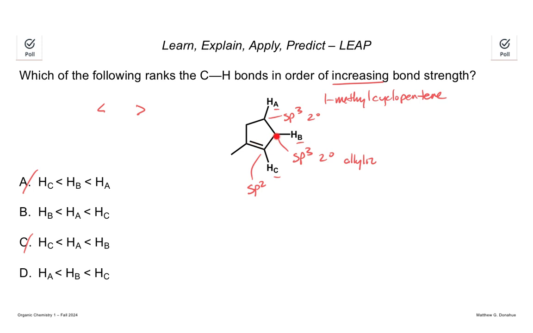So that's the weakest, so that should be first. So when we look at choices B versus D, it looks like B will be the correct answer. And so once you've done that, really what it's telling you is, okay, HB is going to get substituted preferentially.